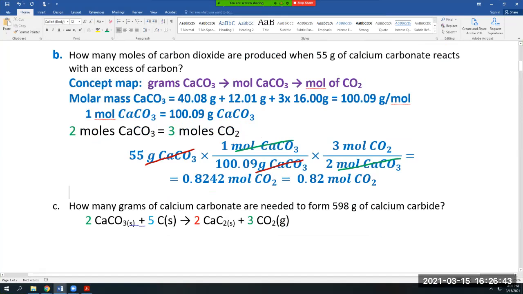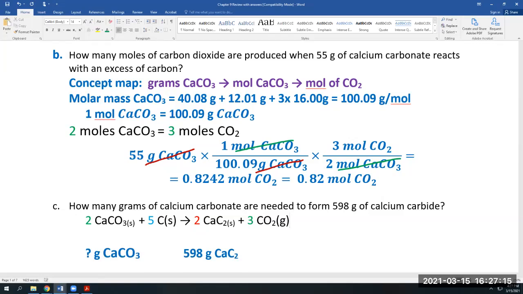So we have another question in that first problem. It's C. How many grams of calcium carbonate are needed to form 598 grams of calcium carbide? I didn't do it above, but I really like to show below the chemical equation which amount is known and which amount is asked for.